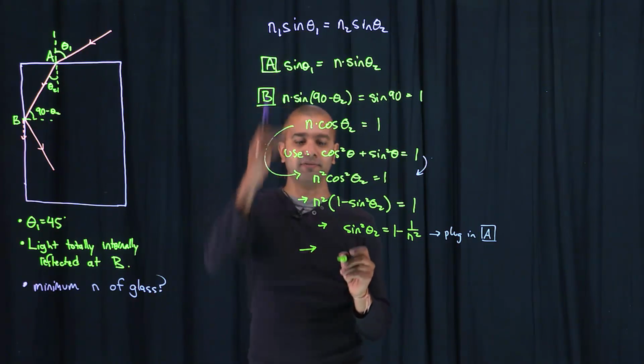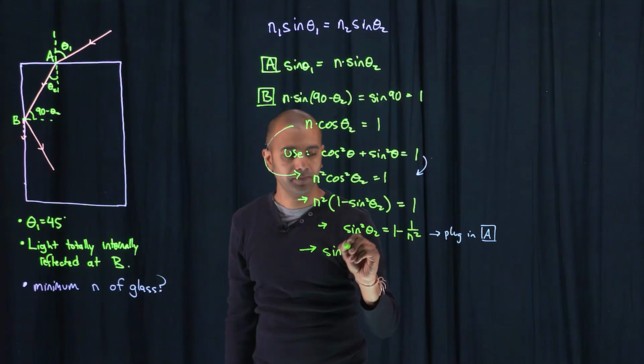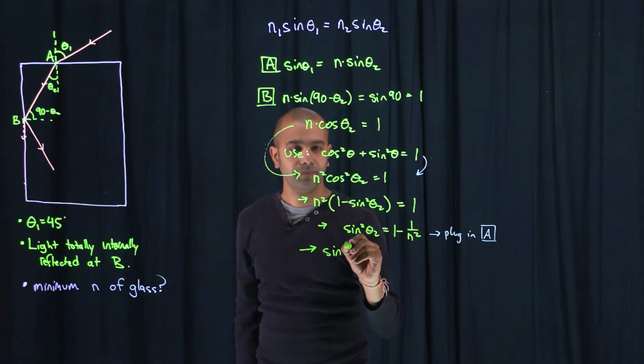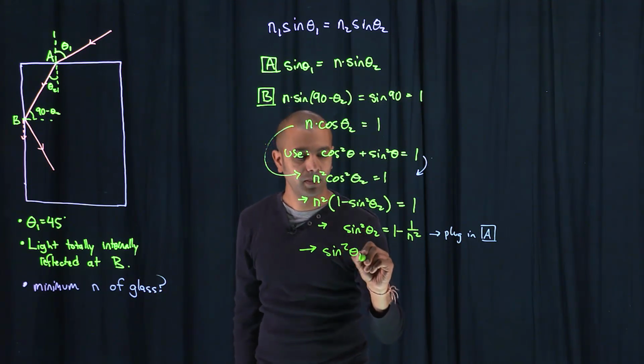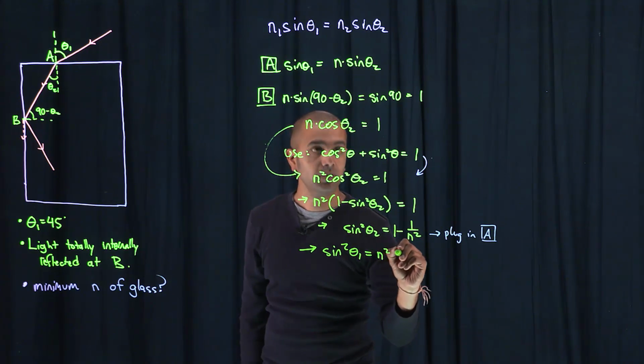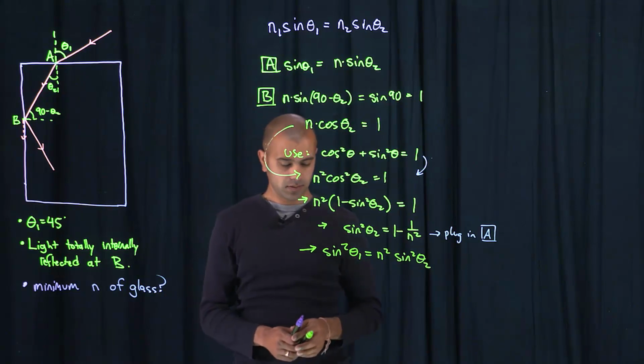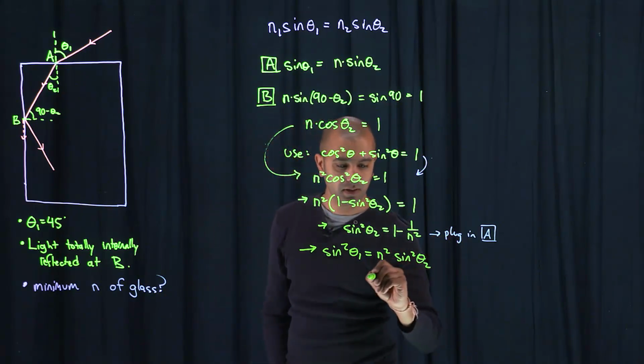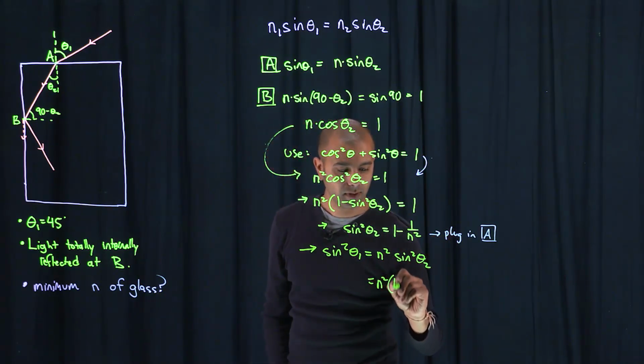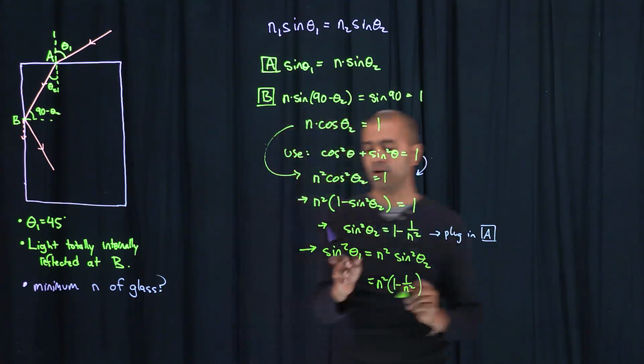I'm going to square A first, so that'll give us sine squared theta 1 equals n squared sine squared theta 2. And then plugging that in here, and then sine squared of theta 1.